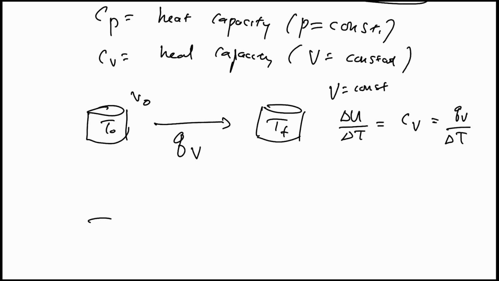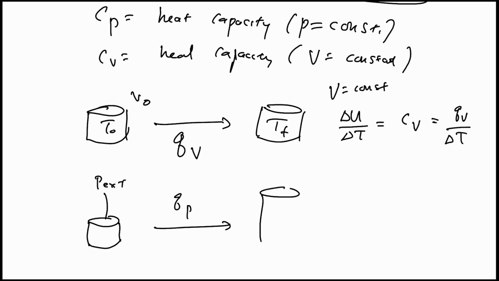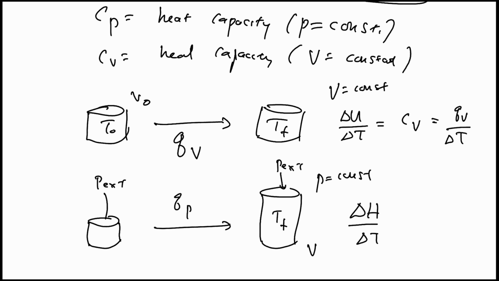If I do this at constant pressure, so this is P is constant, then I have a delta H. C sub P is Q sub P over delta T.